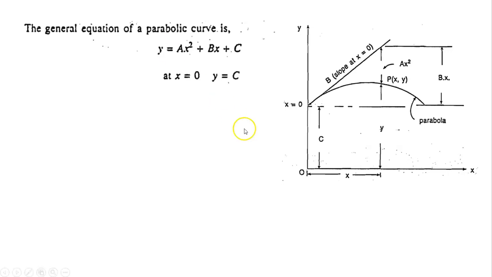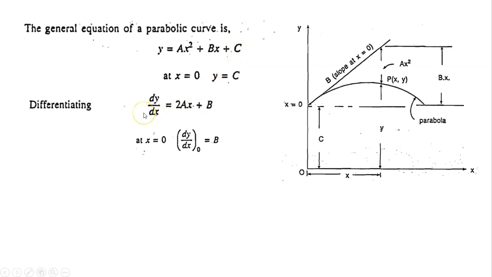Now at x equals 0, exactly here, y becomes c. If you substitute x equals 0 here, y becomes 0 plus 0 plus c. So when x equals 0, we are somewhere here. We are talking about this height, which is c, an intercept too. Now if I differentiate this equation, dy by dx equals 2ax plus b plus 0.